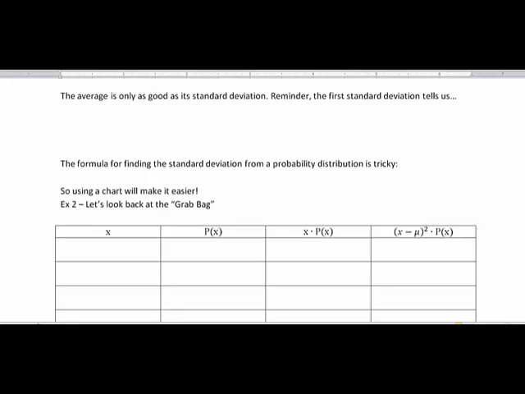Because what we have to figure out is what's actually normal. So the first standard deviation tells us the boundaries of "normal." And we're going to put normal in quotations, but to kind of show you what I'm talking about here, the expected value on a normal curve of this game is $5.25. So what's considered normal?